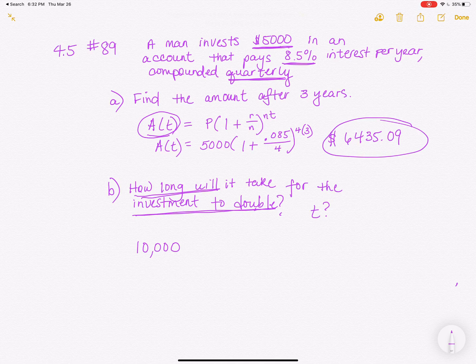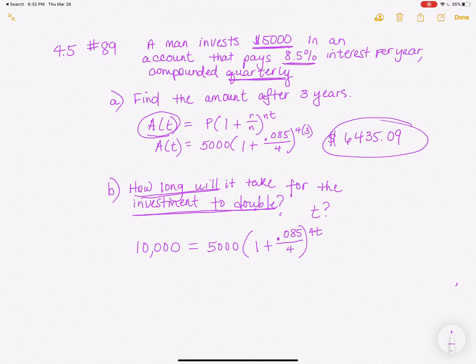So I know doubling 5,000 is 10,000, so 10,000 is going to equal my principal, which didn't change, it's still 5,000, times 1 plus my interest rate, which doesn't change, it's still 0.085 over 4, quarterly, 4 times a year, and then I've got 4 times t.